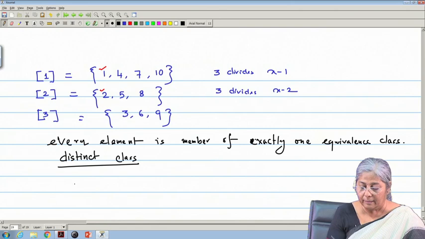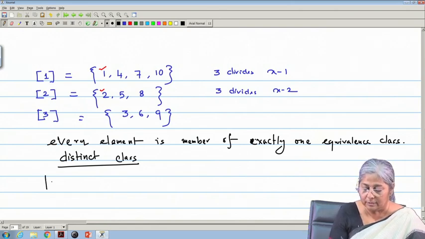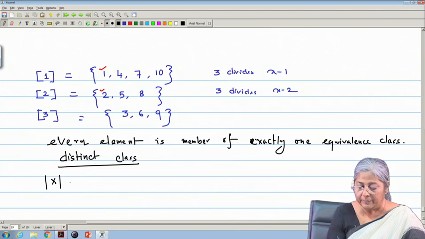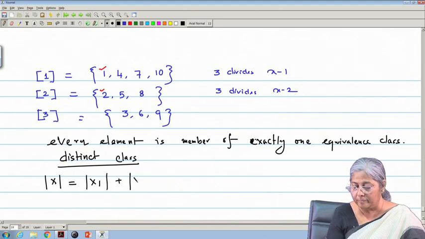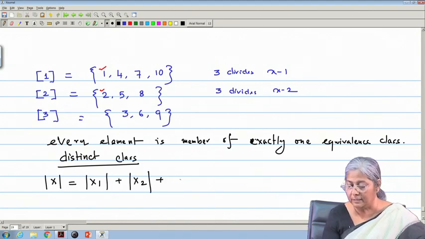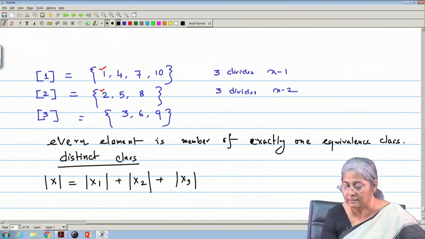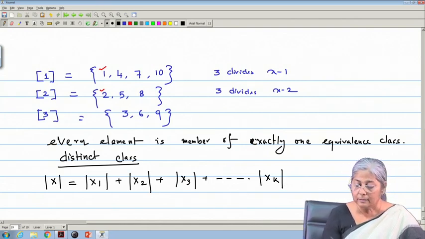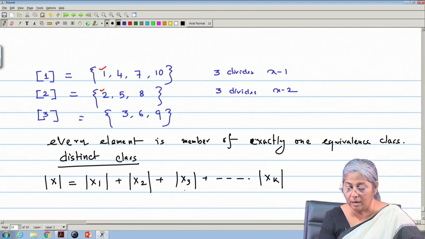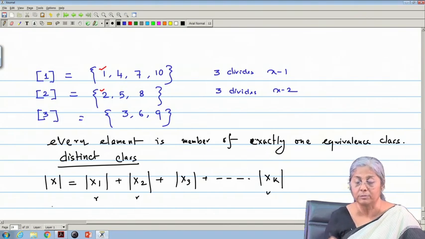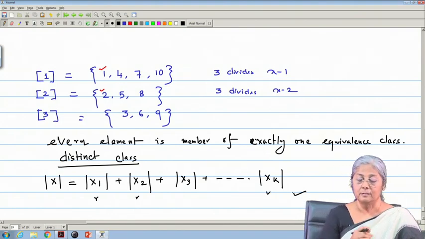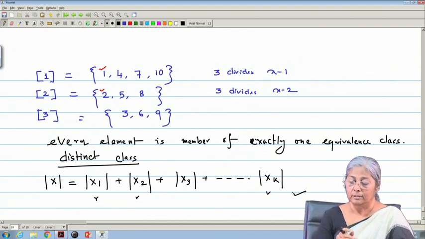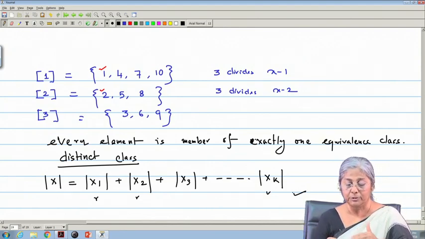So, I can write actually that X is the union of these classes, and if there are k such equivalence classes, then this will be X_k. That means the cardinality will be the same, and if all are considered, then these are the k classes with the number of elements. So, this is the concept of equivalence class on the equivalence relation R, and we get the partition from here.